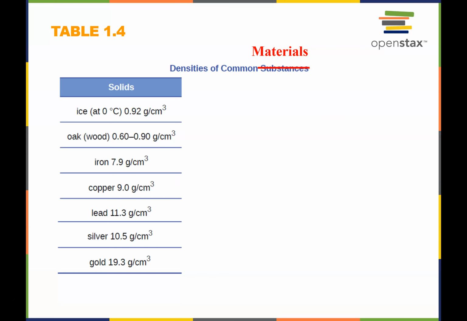So which one up here is not an element or a compound? Would be the wood. Wood is not an element or a compound. So what do you think? It's not an element or a compound, so it must be a, starts with letter M, it must be a mixture.